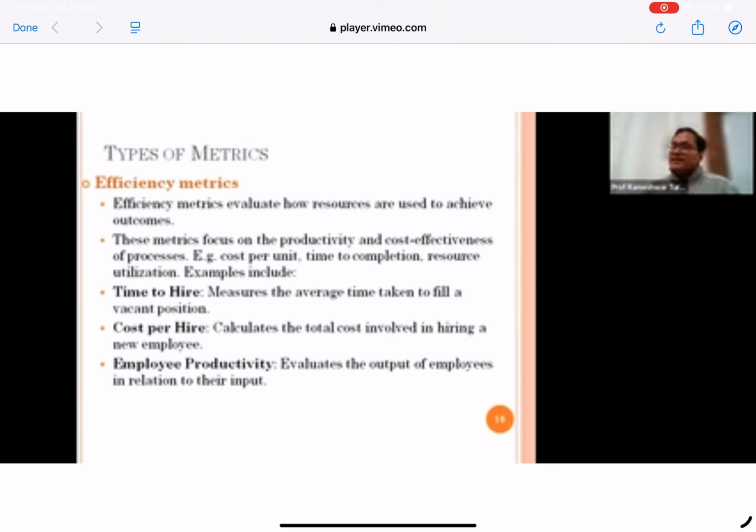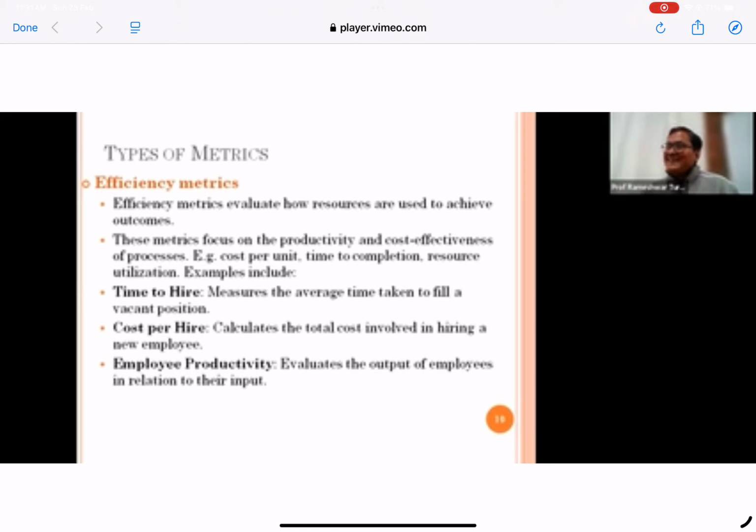Six months down the line, suppose the bosses to whom these people are reporting are cribbing, asking what is this worst lot of employees that you have recruited. Is it a good company?